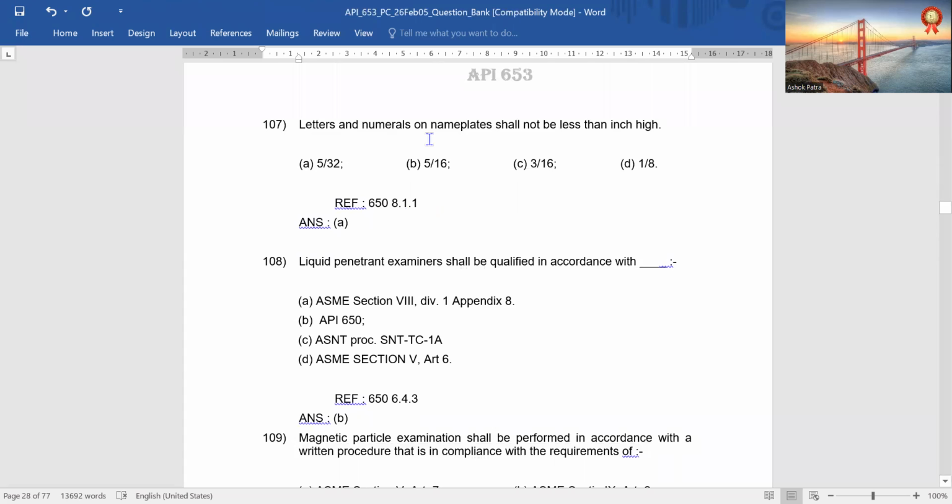Letters and numerals on nameplates shall not be less than 5/32 inch.